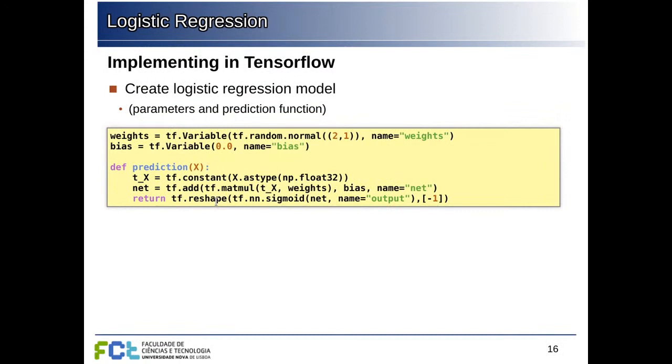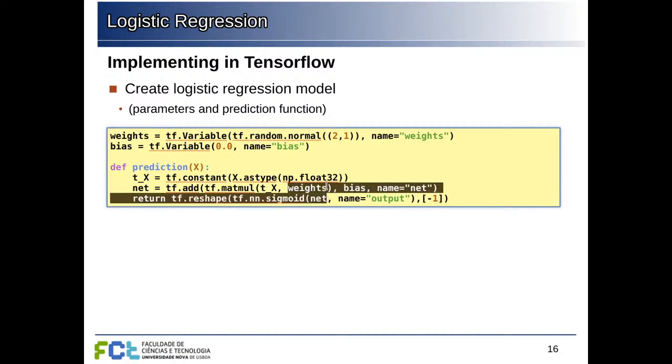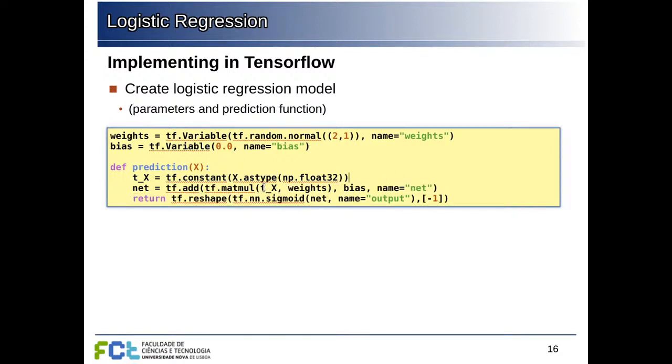We're going to use the matrix multiplication function of TensorFlow to multiply the tensor with a batch of examples by the tensor of our weights. In order for this to work, since our examples have 2 features, the tensor of weights must have 2 rows. It must be a column of 2 rows, because this tensor of examples has 2 columns per row.